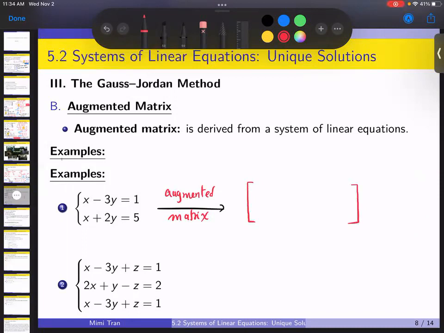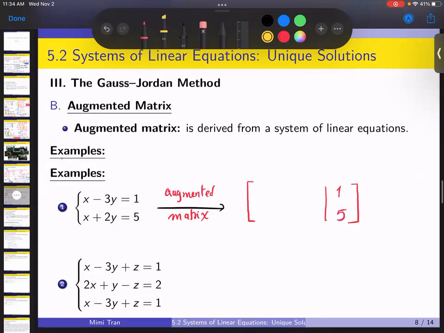The equal sign I'm going to replace with the line. The right side of the vertical line is going to be the constant column. So 1, 5. It's called the constant column.